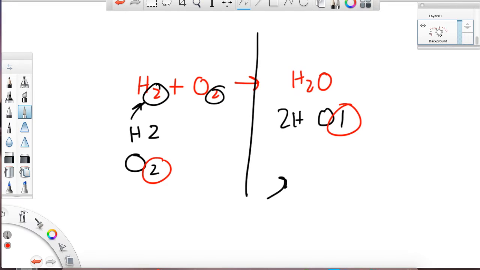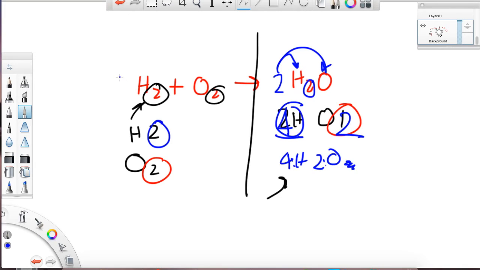So in order to balance that, since we can't change the subscripts, we can increase the coefficients because of the ratios. So we added a 2 over here. So now we have 4 hydrogens and 2 oxygens. So we multiply this side by 2. Just the hydrogen, not the oxygen, because you have a plus over here.